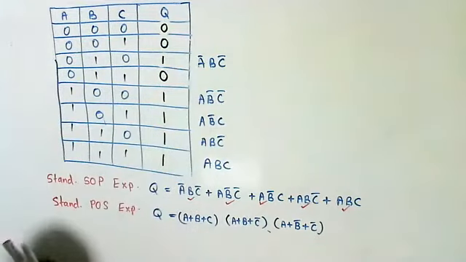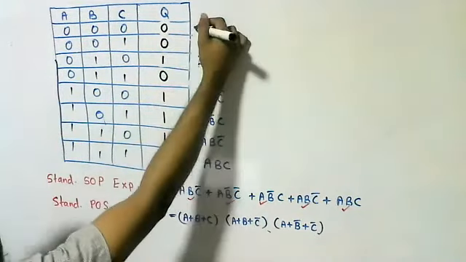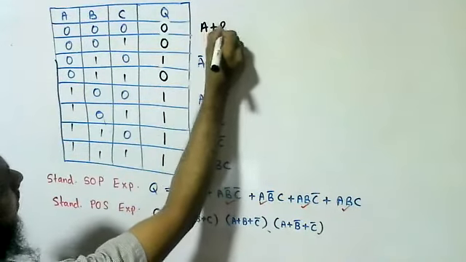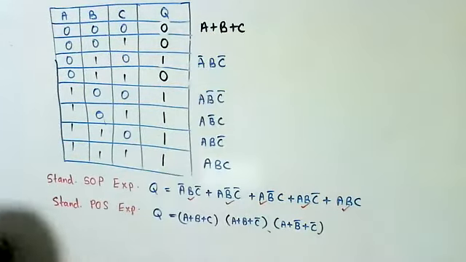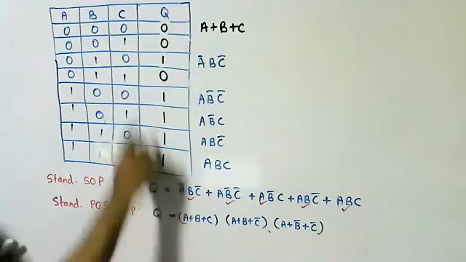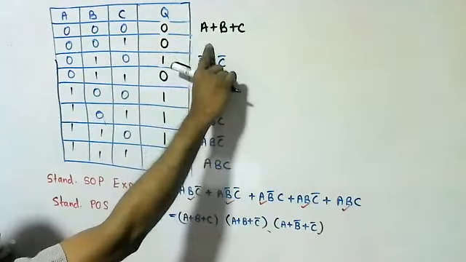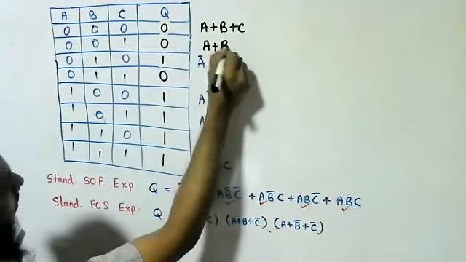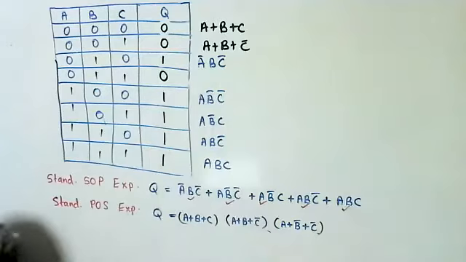Here A, B, C, the output is 0, so A plus B plus C. The second max term is 0, 0, 1, that means A plus B plus C bar.